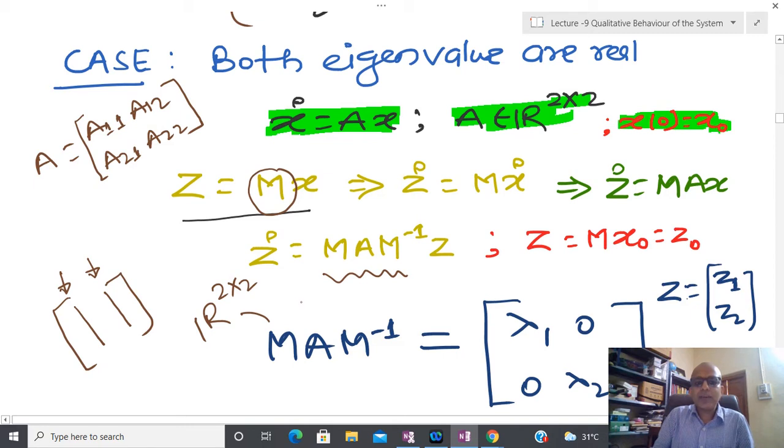Whatever transformation I apply is nothing but the eigenvectors, and it is possible to show that an eigenvector is invariant when you apply the transformation. If I have a matrix and I am in the coordinate system of x, then in the z coordinates the eigenvector also remains invariant.